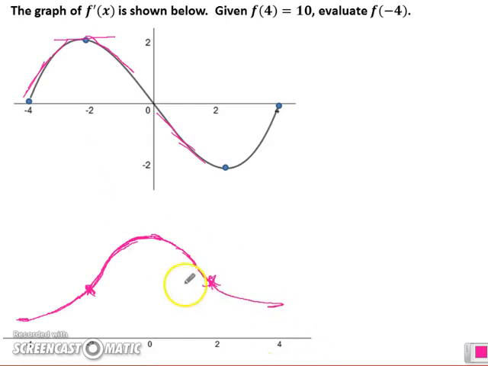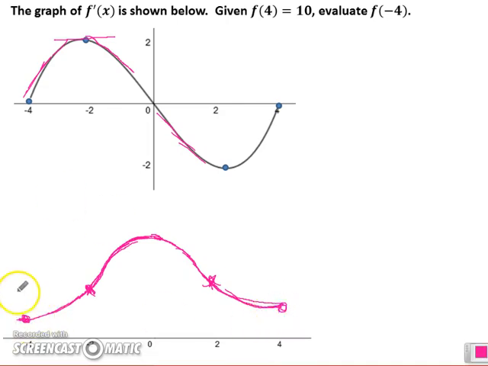Okay, and this really should look a little more symmetrical. I should have made this down a little lower. This graph is symmetrical. So that means the slopes of the graph are the same, pretty much. So this point and this point are the same.